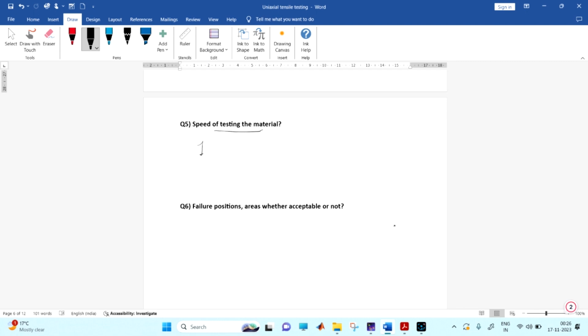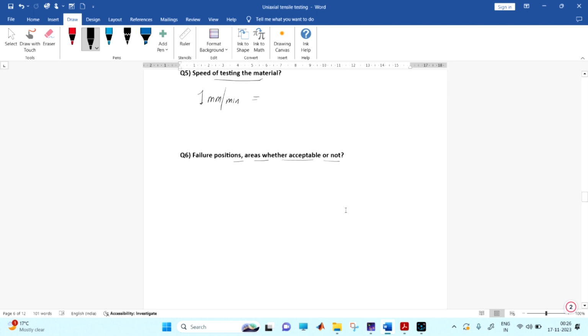Generally, for example, for composite material, it is 1 mm per minute of crosshead movement. And what about the failure position areas, whether acceptable or not? That is very important.